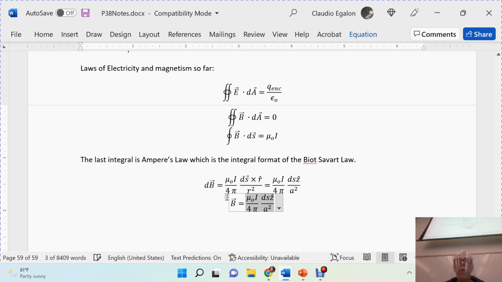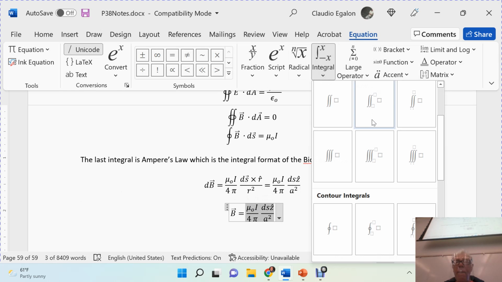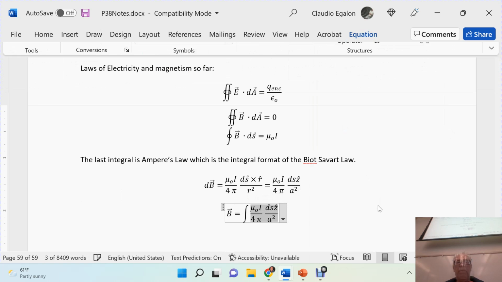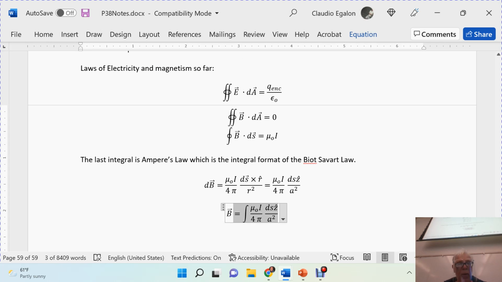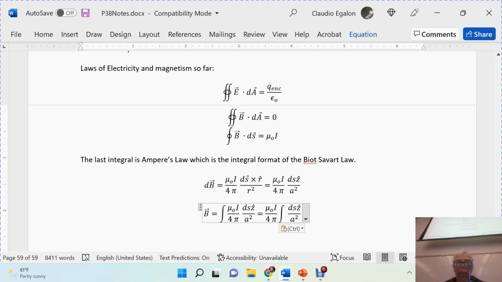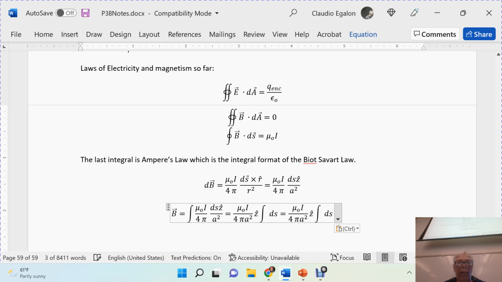Okay, so here we go. We take everything that's constant outside, even the a square, and we are left with the integral of ds. The s is going to be 2 pi a.